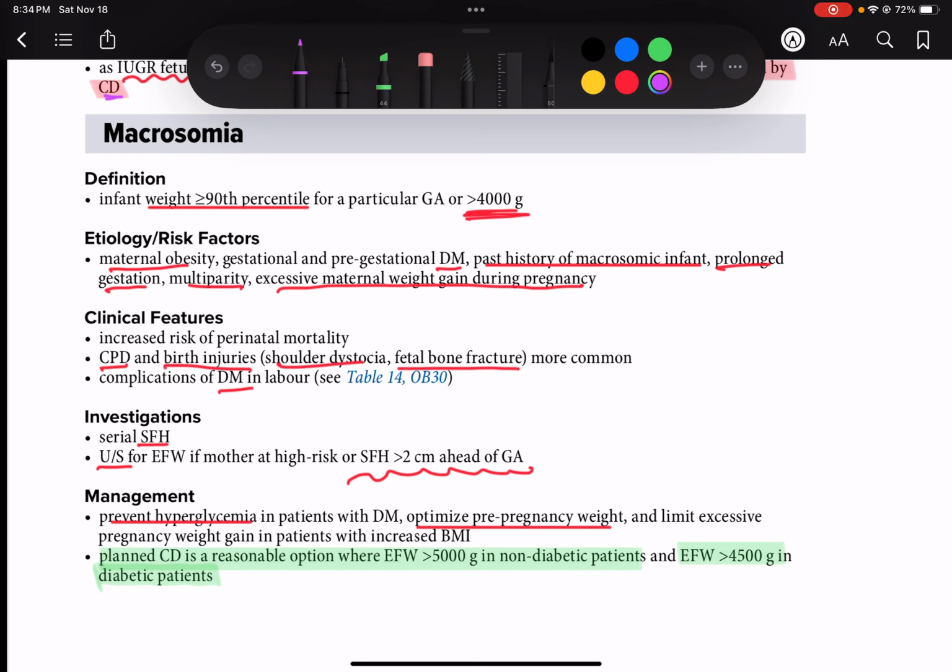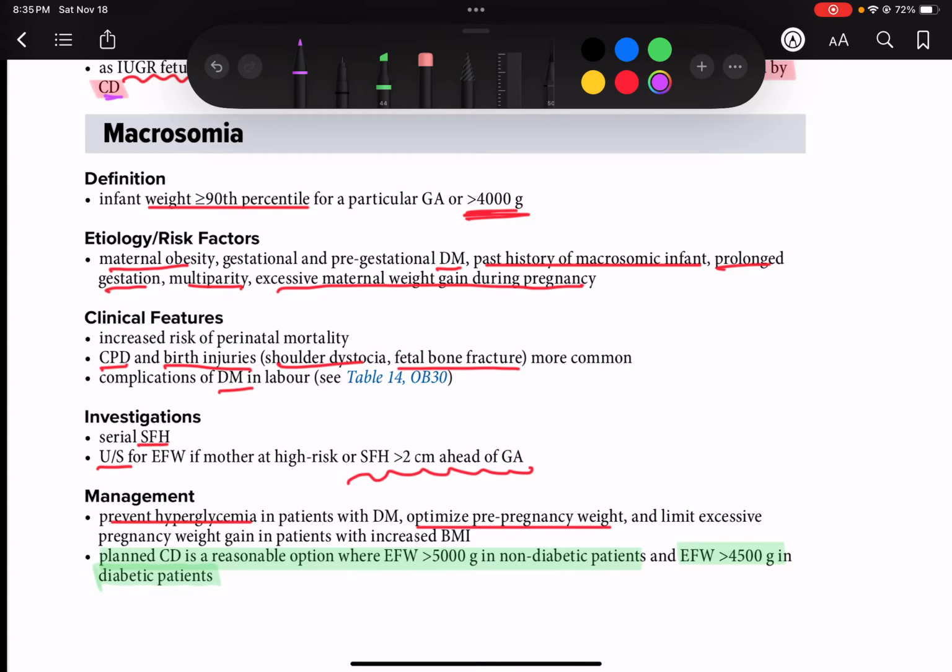And what would be the clinical features of macrosomia? During the delivery, there would be cephalopelvic disproportion. There would be birth injuries because the baby's size is huge. So shoulder dystocia and fetal bone fractures are common, and then complications of diabetes in labor too.